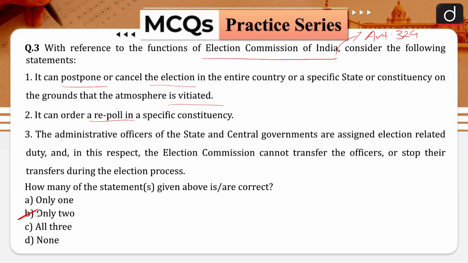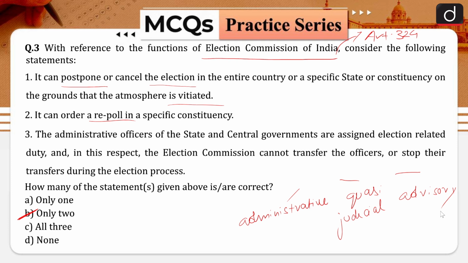So basically, the powers and functions of the Election Commission of India can be classified into different categories. That is administrative, then quasi-judicial, and then it can also be advisory in nature.